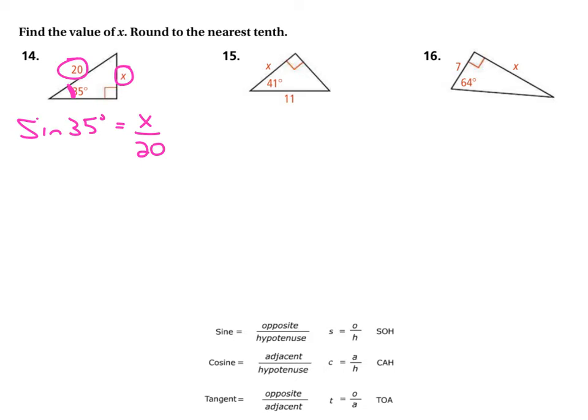Okay? And rather than put in a number for sine of 35, what you really want to be doing is rewrite this equation to solve for x. And the way that we'll do it is multiply both sides by 20. So we can say 20 times sine 35 equals 20 times x over 20.